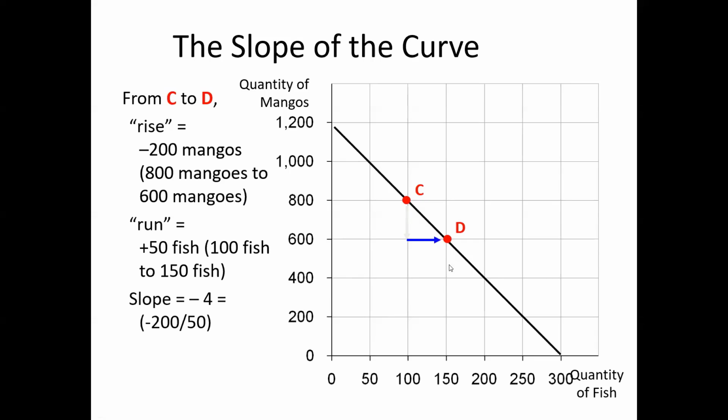So there is a 50 unit increase in fish. The formula of slope is rise divided by run. Rise is minus 200 because it is going down, so it's a negative rise, and run is you're going rightward. So rise is minus 200 and run is 50. Minus 200 divided by 50 is minus 4. So this is the slope of a curve.